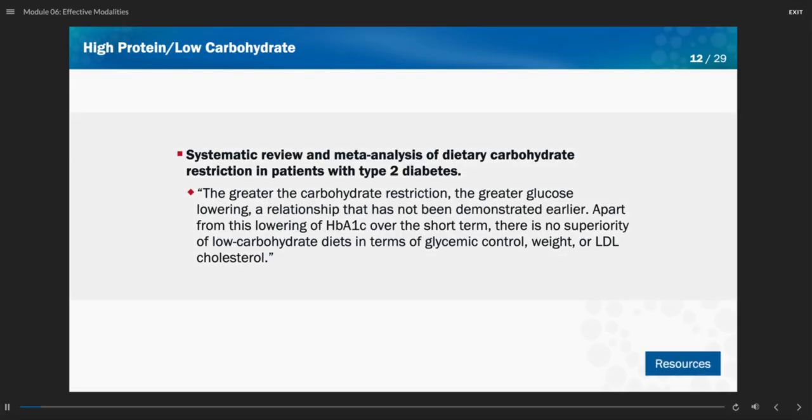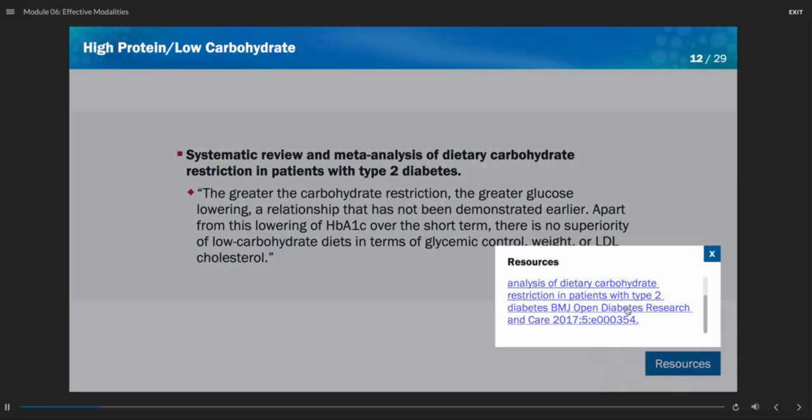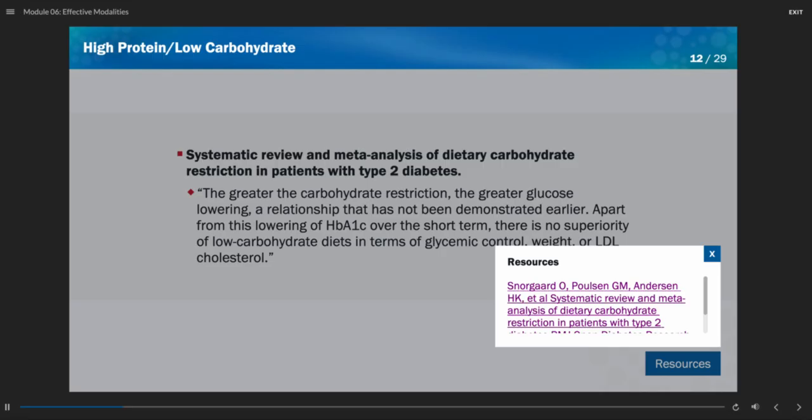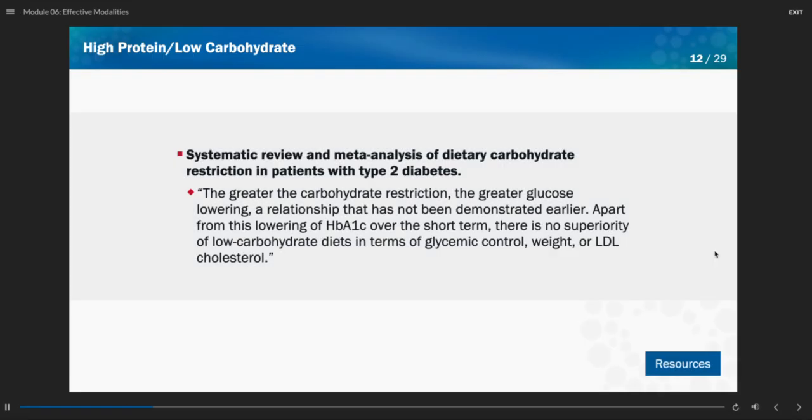So, a large systematic review published in 2017 was a meta-analysis of dietary carbohydrate restriction in patients with type 2 diabetes. The authors concluded the greater the carbohydrate restriction, the greater the glucose lowering, a relationship that has not been demonstrated earlier. Apart from this lowering of hemoglobin A1C over the short term, there's no superiority of low-carbohydrate diets in terms of glycemic control, weight, or LDL cholesterol.